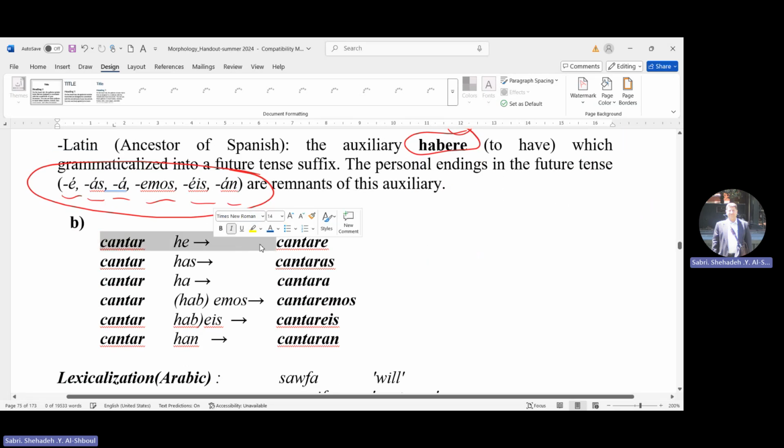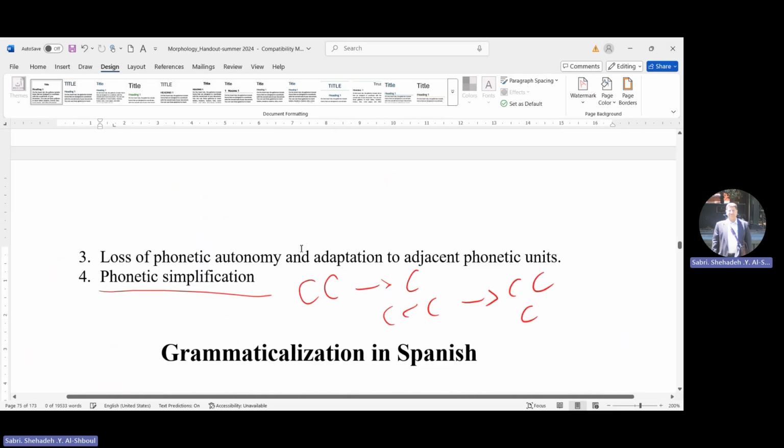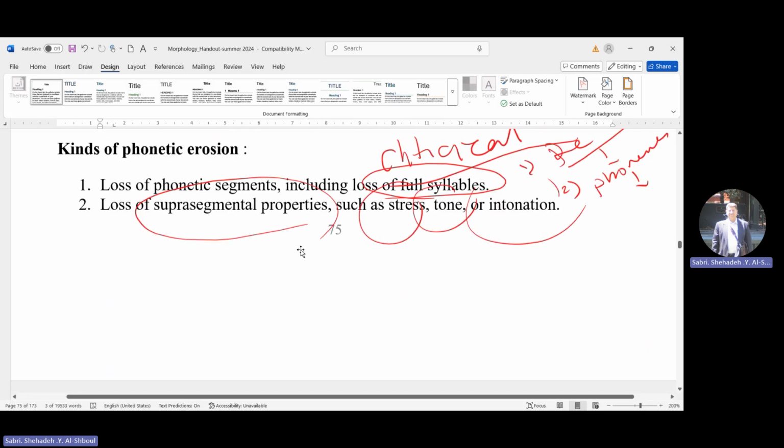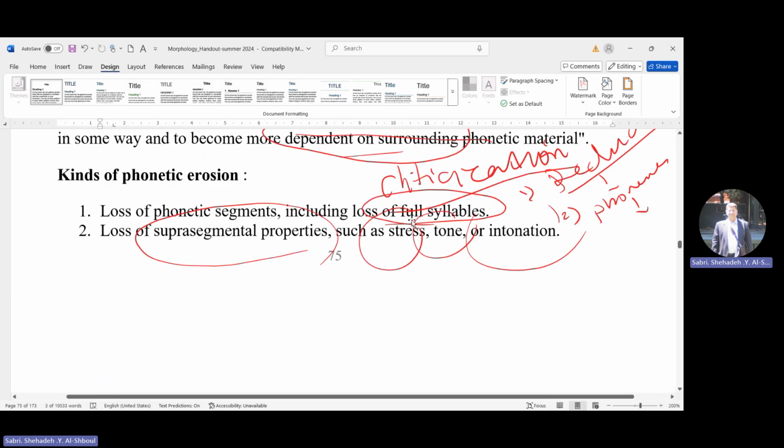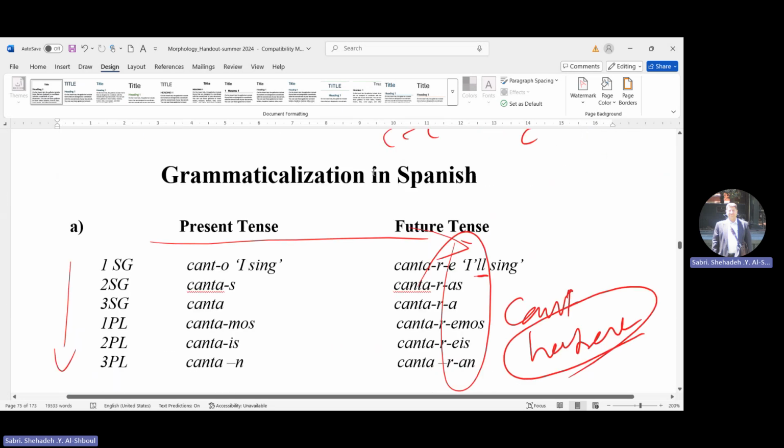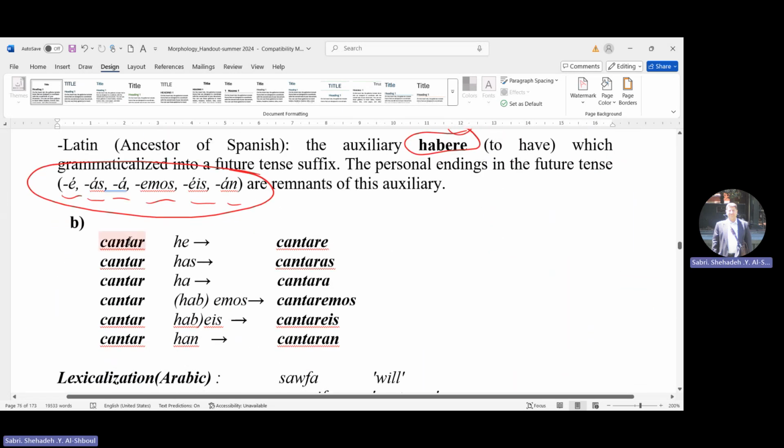Cantare habeo becomes cantaré. So here, as a part of the grammaticalization process, it is no longer free. It should be depending upon neighboring parts, right? So it is bound. So here cantare habeo, right, becomes cantaré after being grammaticalized.